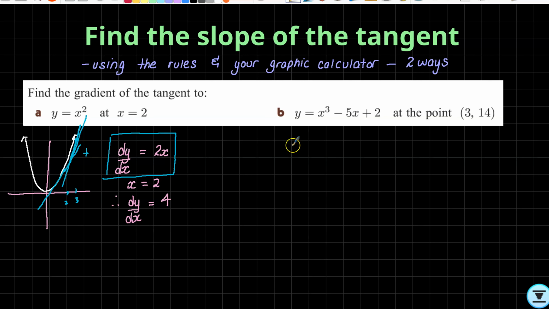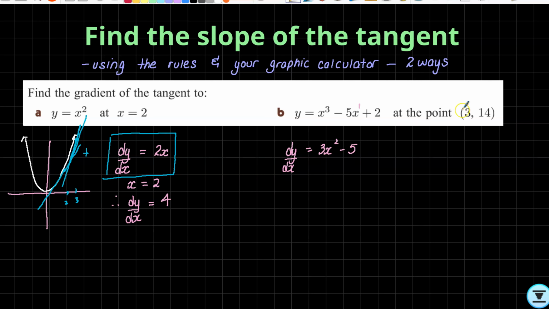We've got this one again. We're just going to work from left to right. dy by dx is 3x squared minus, this is x to the 1, so 1 times 5 is minus 5. Then technically you're taking away 1, so the power is 0, and anything to the power of 0 is 1, so nothing is there, it's just the 5.